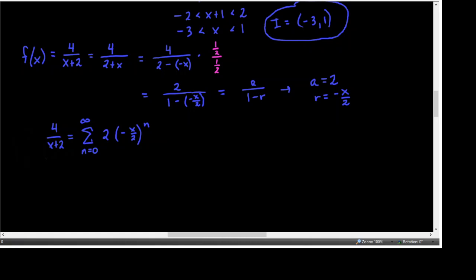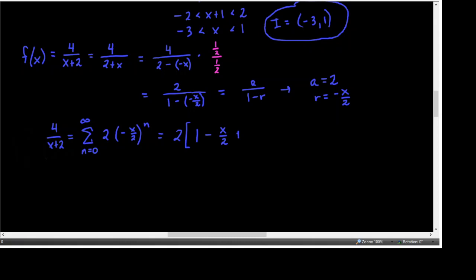Okay, and if you chose to expand that, 2 is something we could pull out front. Now putting 0 in, negative x over 2 to the 0 is 1. Plus, when I put 1 in, I'll get negative x over 2 to the first, which is negative x over 2. So plus a negative is subtraction.